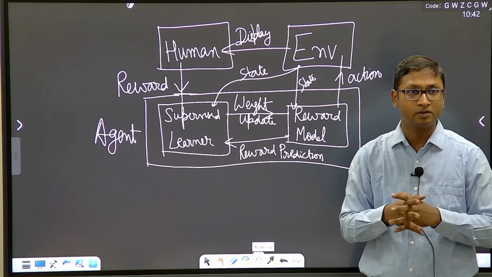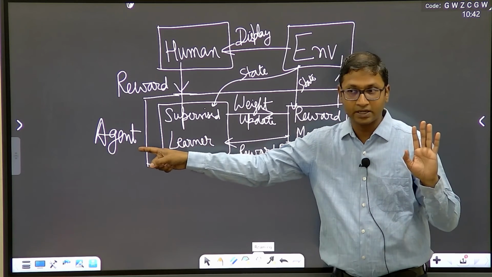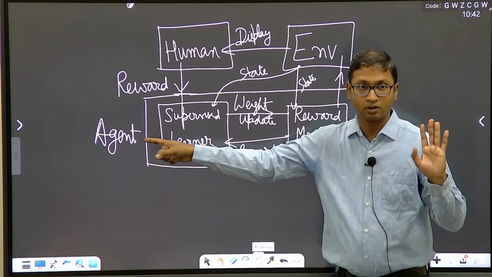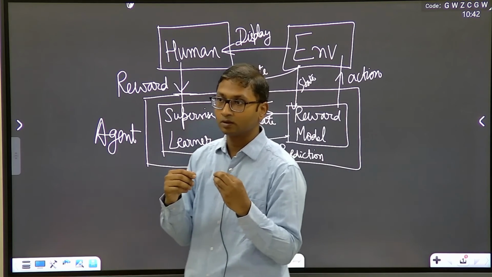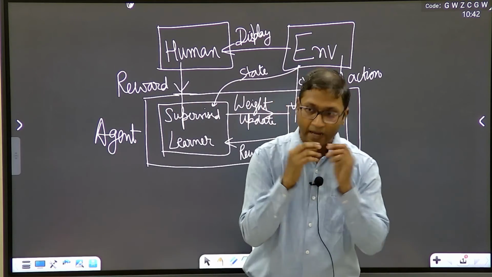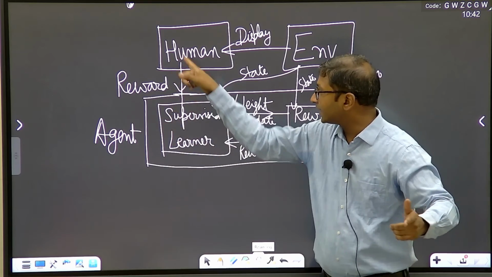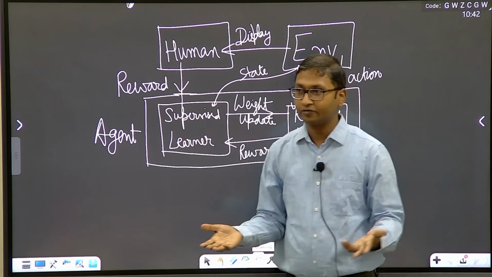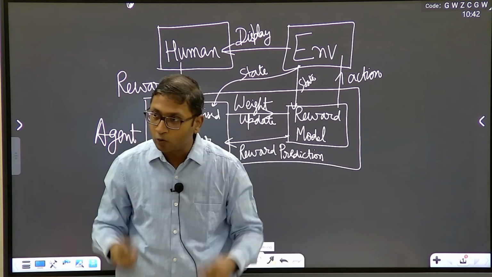What is y hat? So y hat is in this guy's hand. What is the environment going to give me? See, I gave a prompt, this guy gave me a completion, this guy gave me a reward. What is still left? I need to compare my output with the actual one.